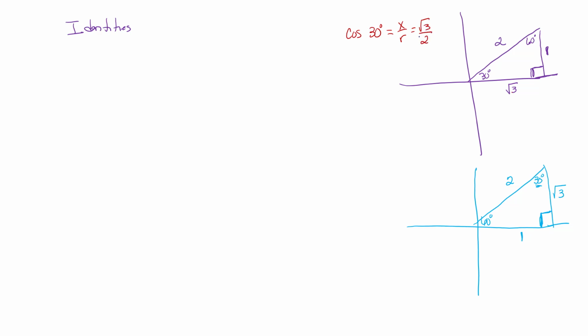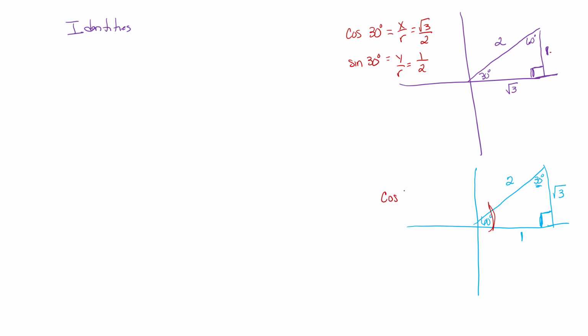Got it. If I took the sine of a 30-degree angle, remember that's y over r, that would be 1 over 2. Agreed? Good. Now, let me come down here to my 60-degree angle.